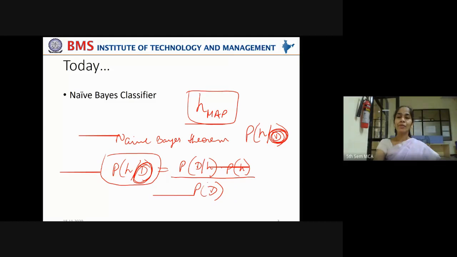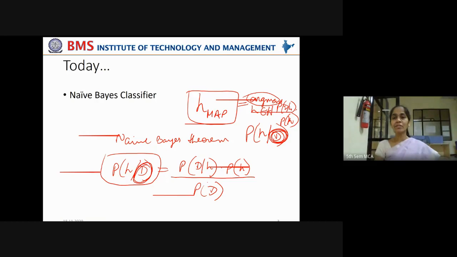And for that, we have formulated it as argmax of h belongs to H. Why are we using argmax? You want to maximize the probability of a hypothesis given the training examples. That maximum probability hypothesis is what you are interested in. That is why you use argmax of probability of D given h multiplied by probability of h.